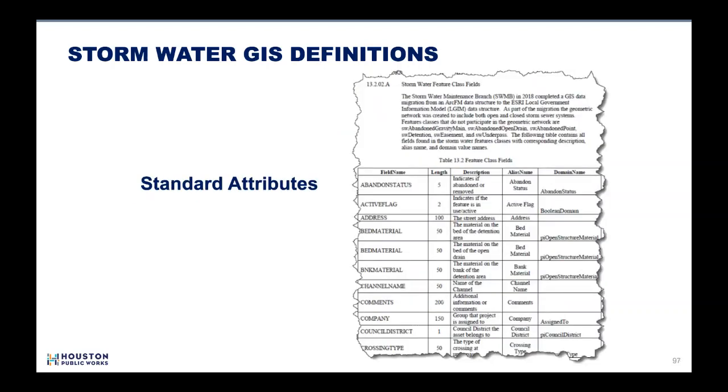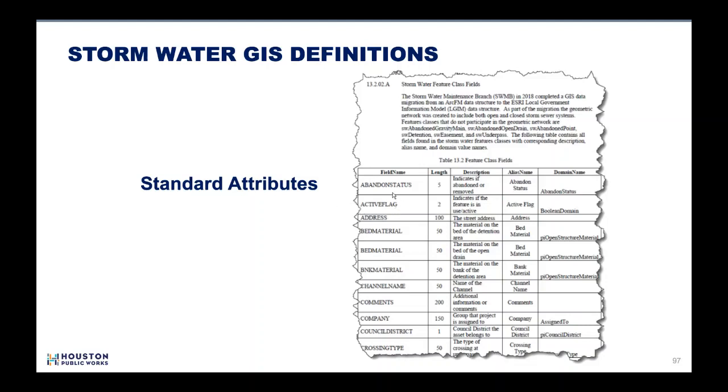Here's an example of what the standard attribute section would look like. The previous slide showed you the actual field names. Here this would give you a description of the attributes that should be contained within each feature.